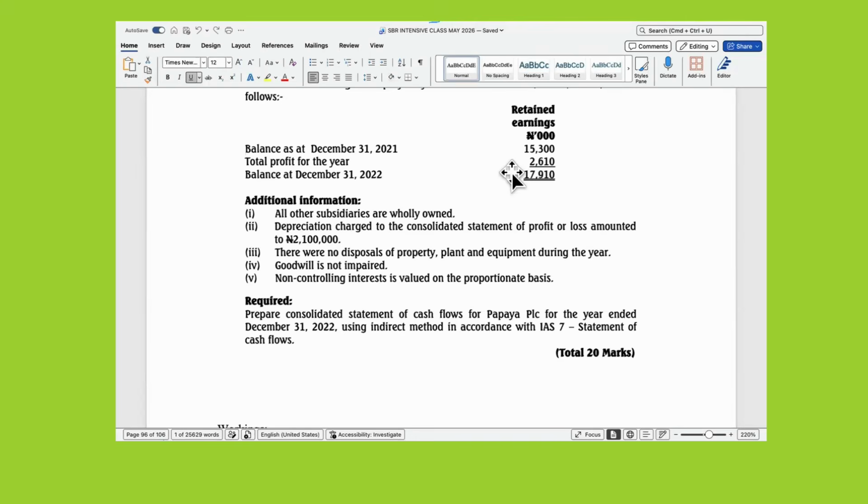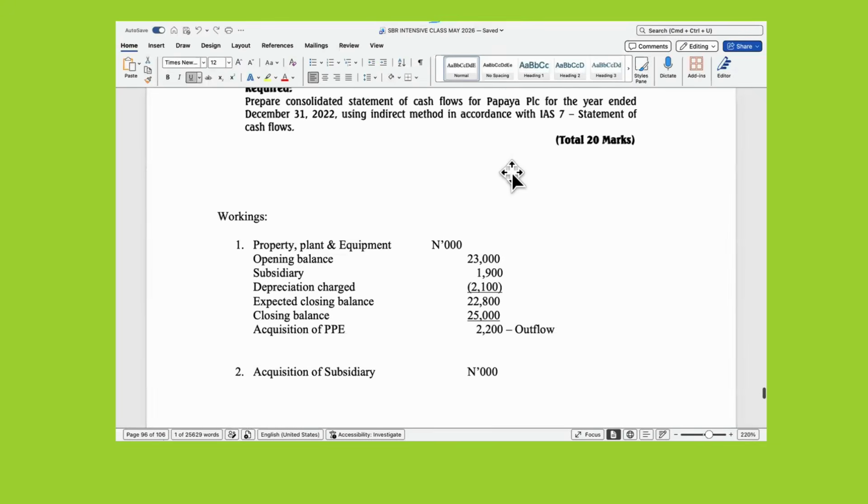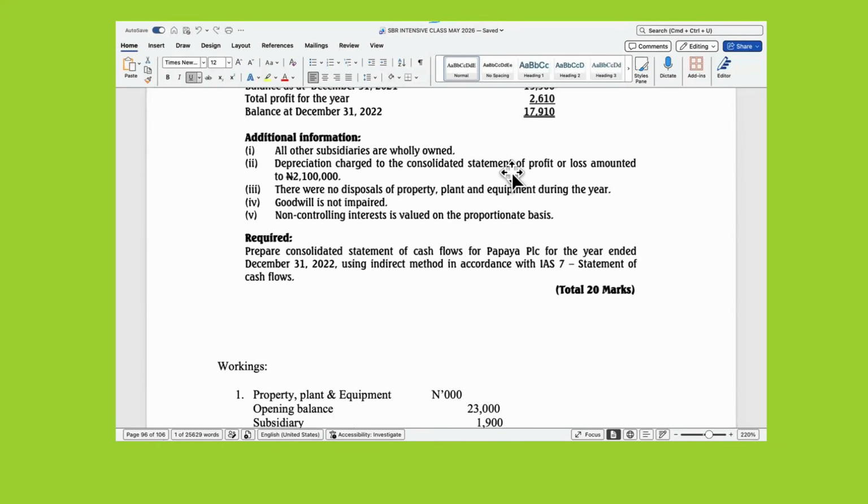Even if you don't prepare the statement at the end of the day, you get 14 or 15 marks. I will show you the marking scheme, the way they mark. So please don't use shortcuts. If anybody is telling you about a shortcut, it does not exist. You have to be methodical.